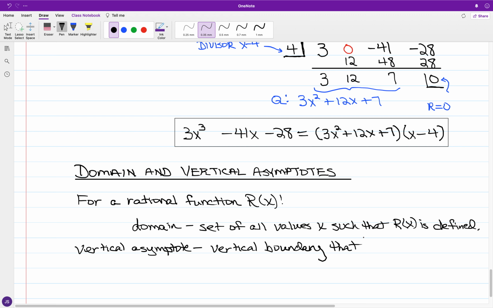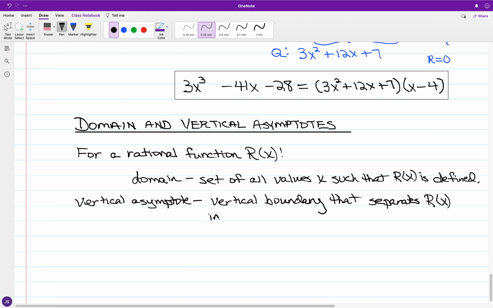It's going to be a vertical boundary that separates the graph of r of x into separate sections. So you have like r of x, the graph, instead of running continuously, split up into different regions.